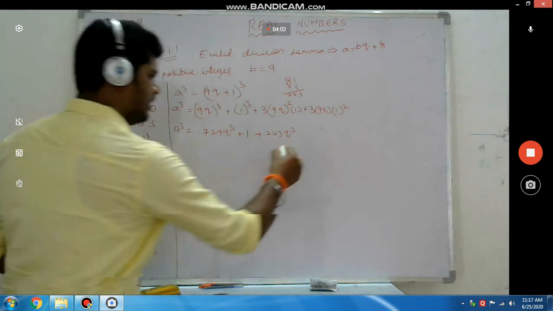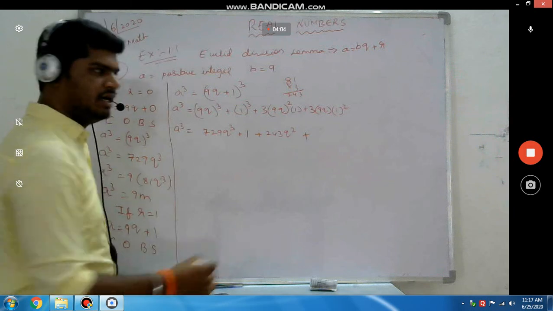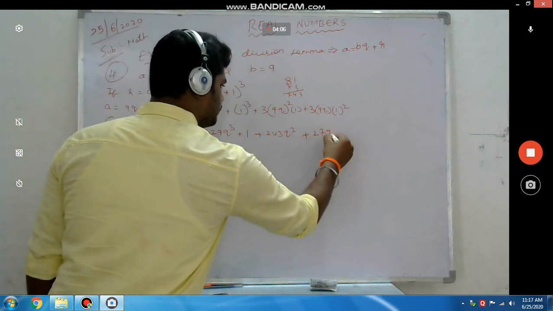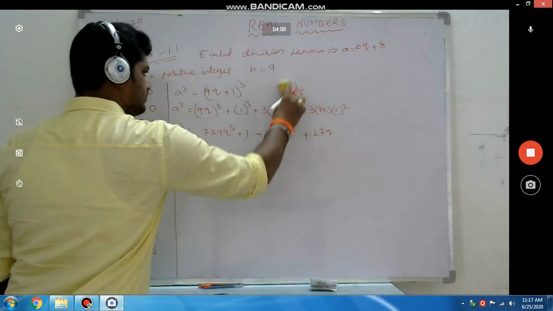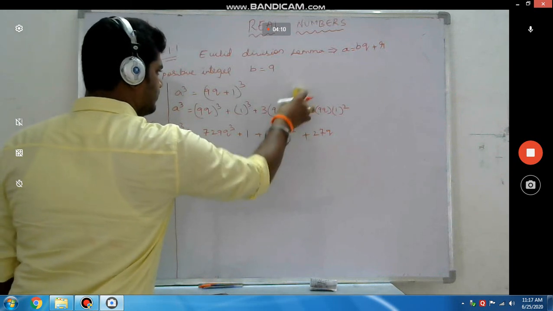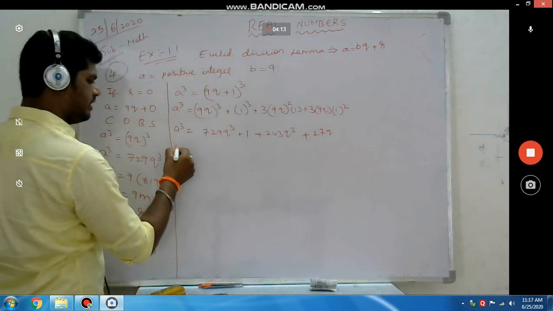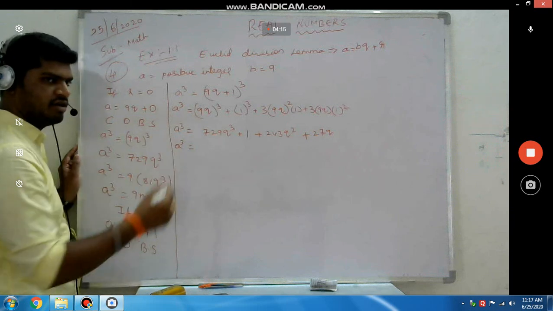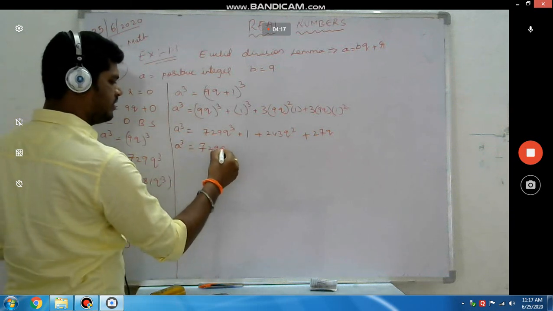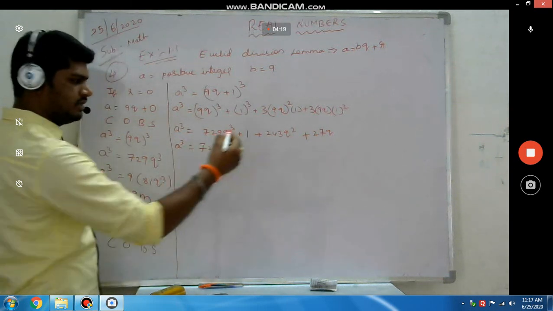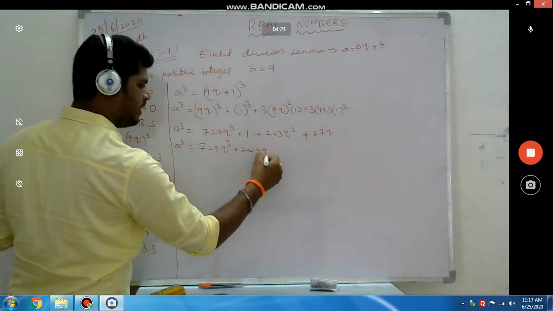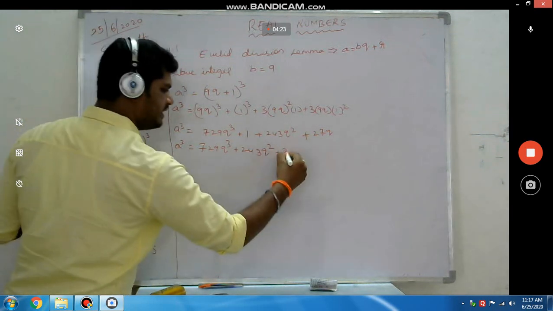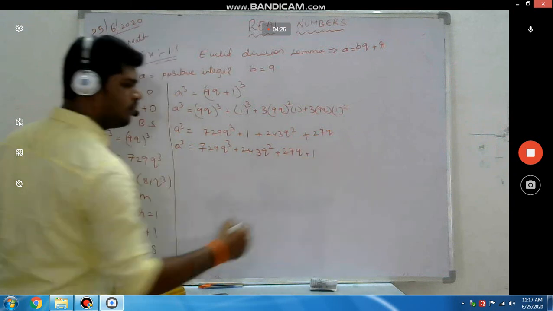Plus 3 9s are 27q. Now write this in the order of powers of q: 729 q cube plus 243 q square plus 27q plus 1.